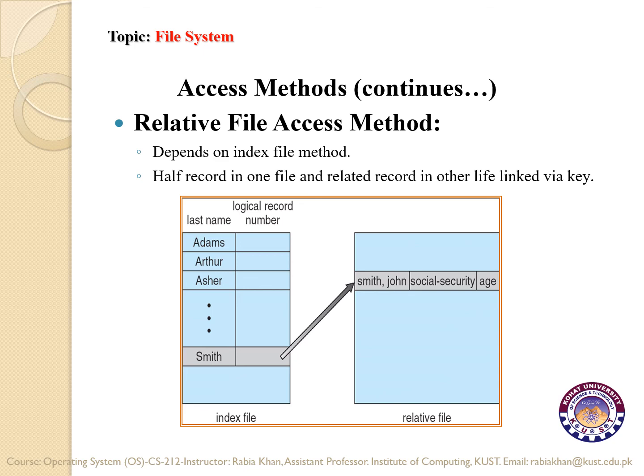So, data from multiple files can be easily accessed using single key. So, relative file access method is most commonly also implemented in databases, and you have used all these techniques.